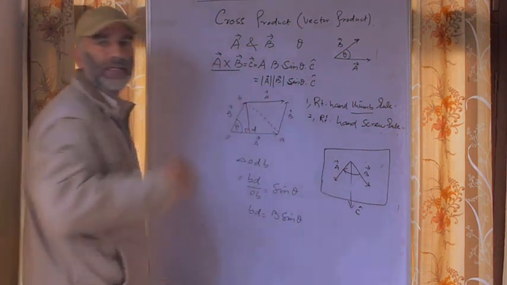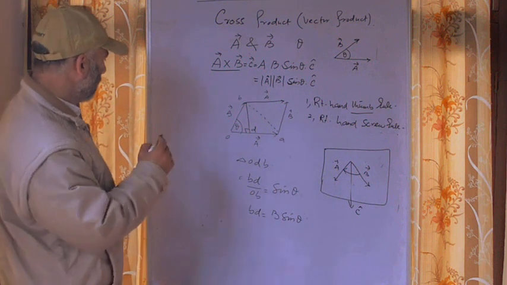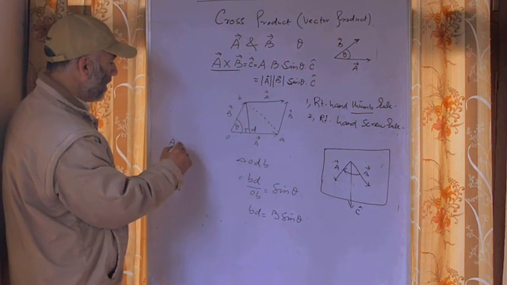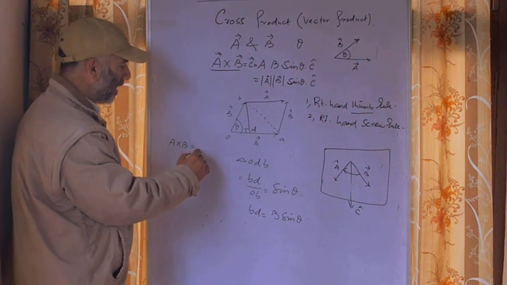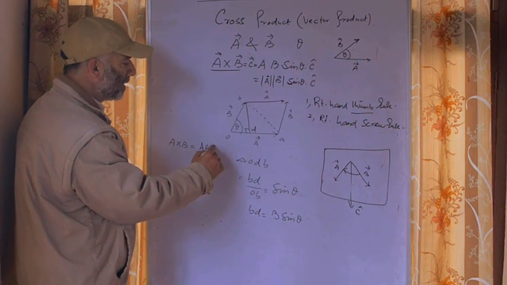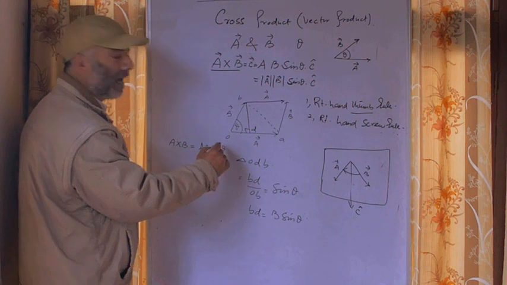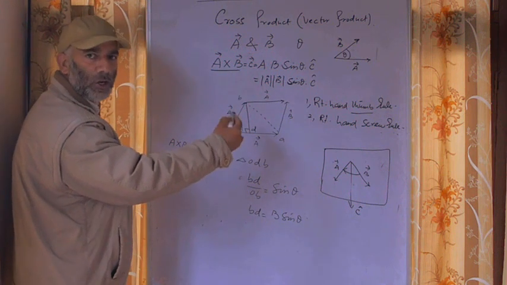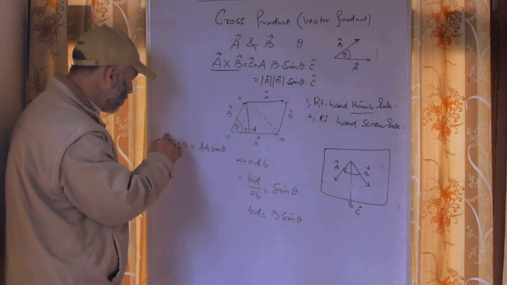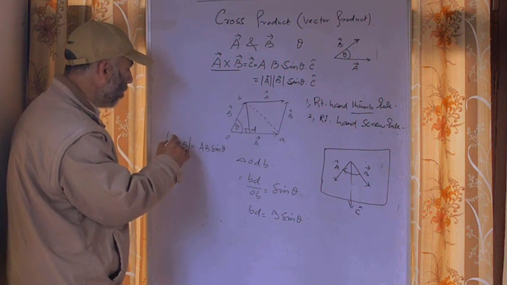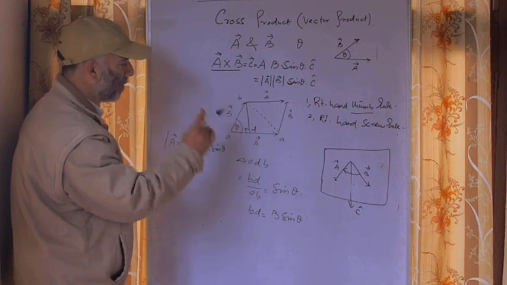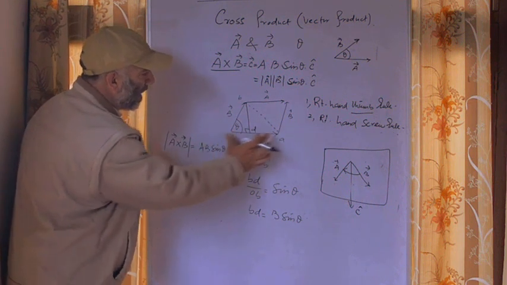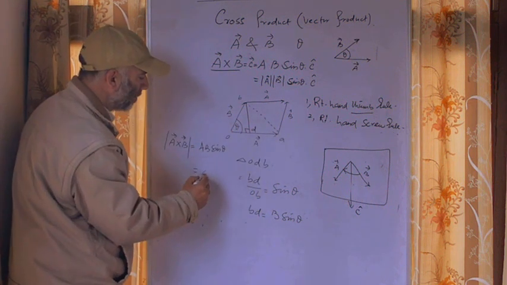So, can you tell me A cross B is equal to A B sine of theta into unit vector N or unit vector C. So, in order to get rid of that, let me write here, mod of A cross B is equal to A B sine theta. Mod of A is equal to OA. Very good.